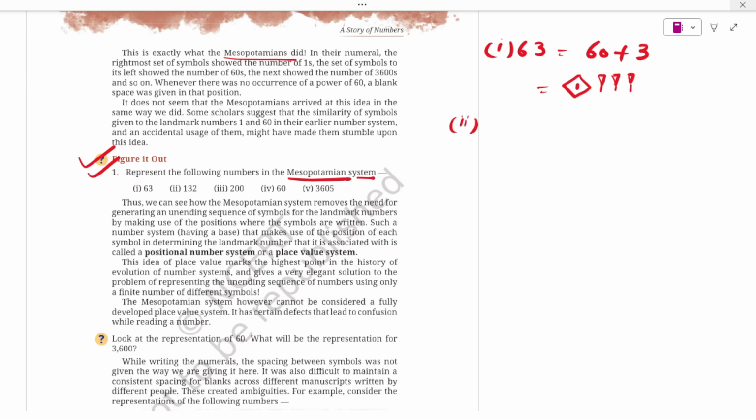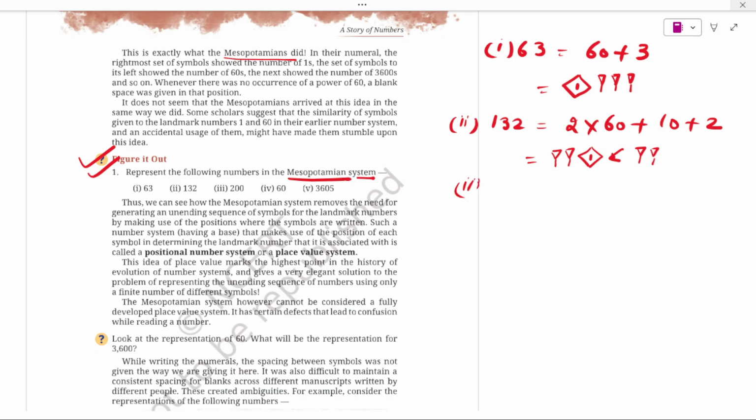Second part, 132. 132 is nearer to 2 times 60 plus 12.